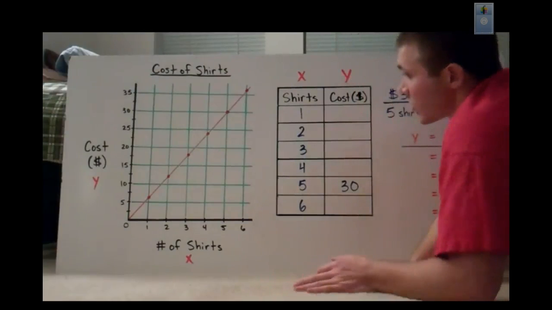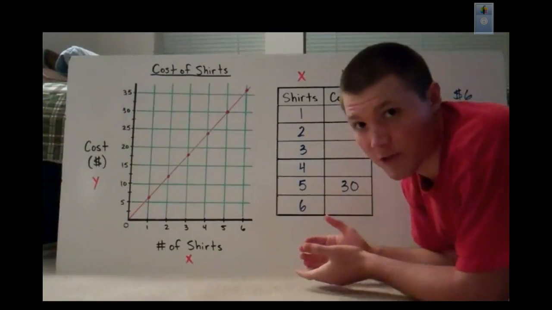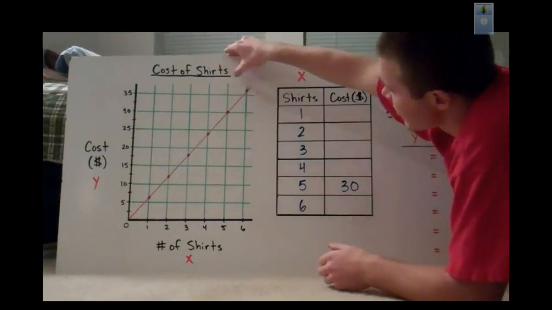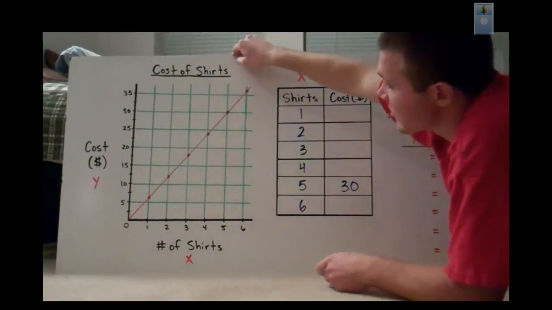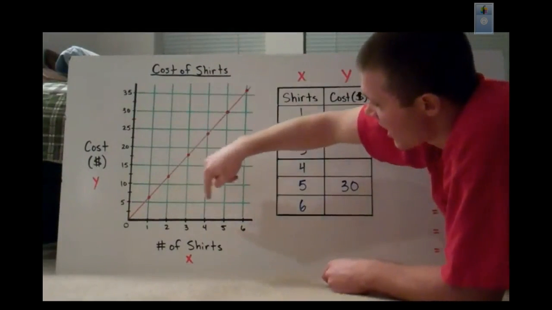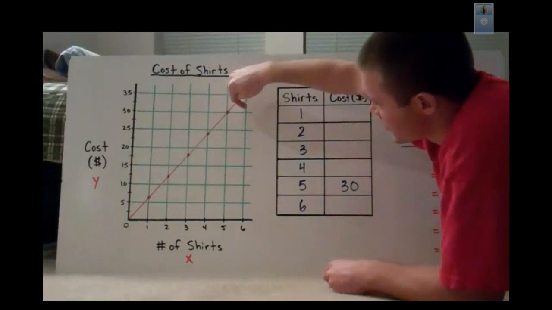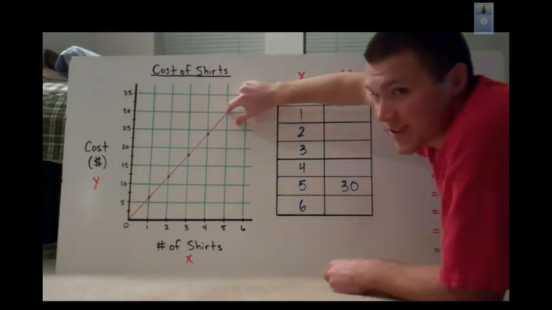Now, you're going to notice, and you're going to notice this when you analyze other graphs, wherever the line that's graphed intersects both lines on the x-axis and y-axis, right here, see how it crosses, we got that dot right there at that intersection.